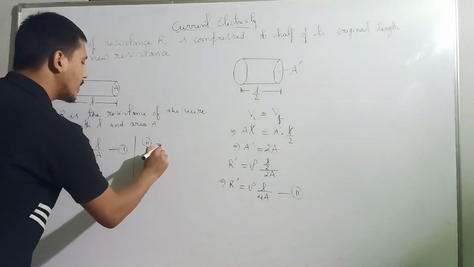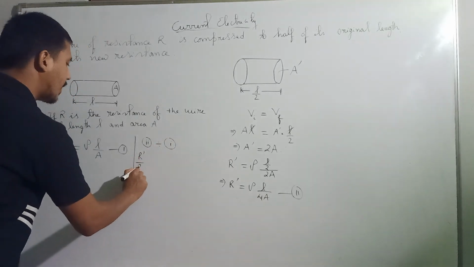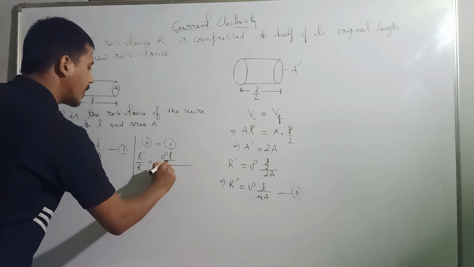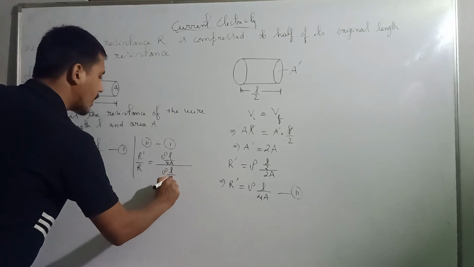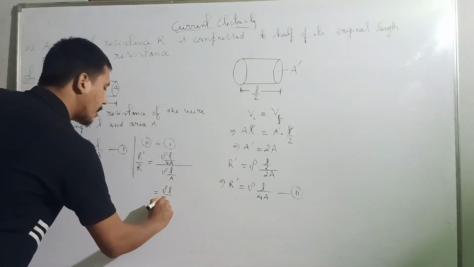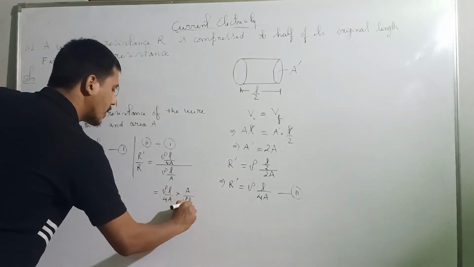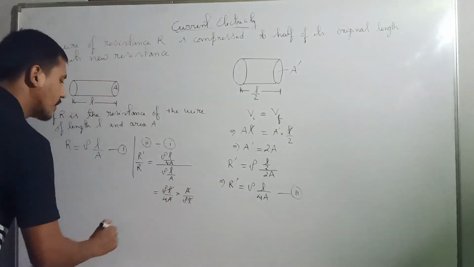Equation 2 divided by equation 1 gives you R dash upon R is equal to rho L upon 4A divided by rho L upon A. So rearranging, A cancels out, rho L cancels out.